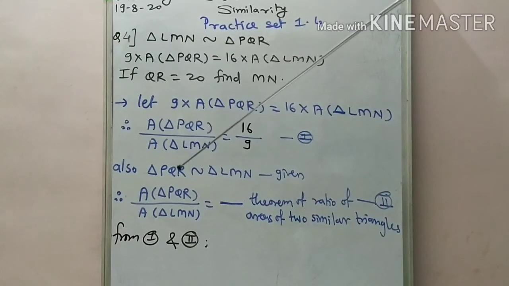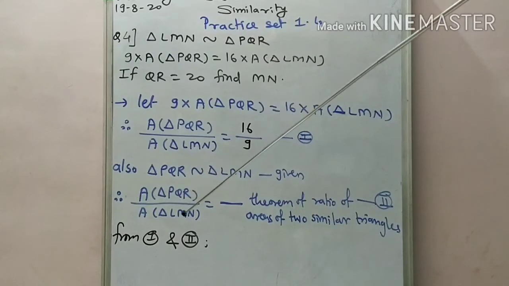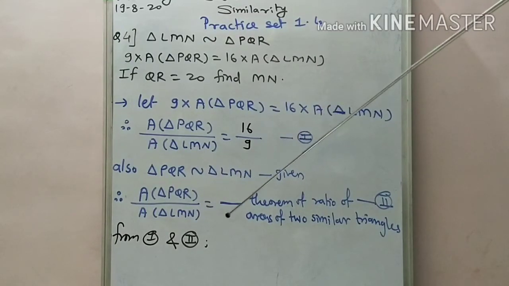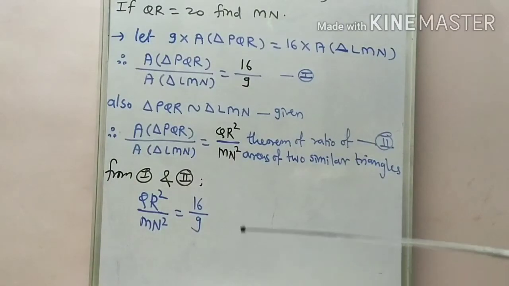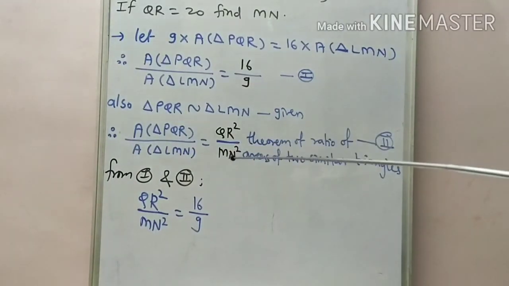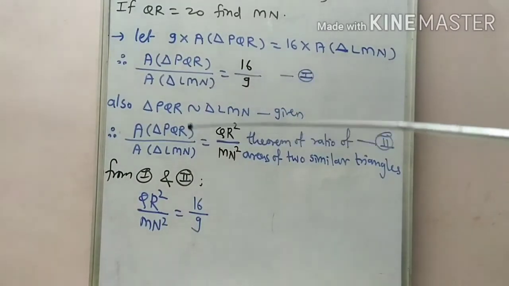For triangle PQR the side is QR, and the corresponding side is MN. So try to write the squares of the corresponding sides like this. Okay, understood?